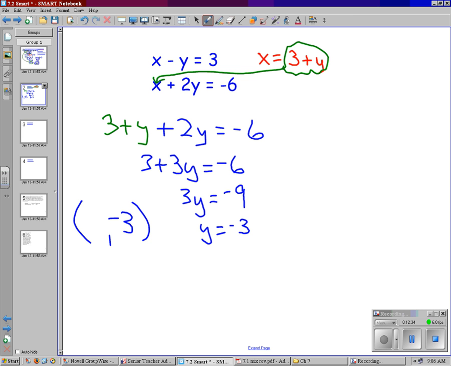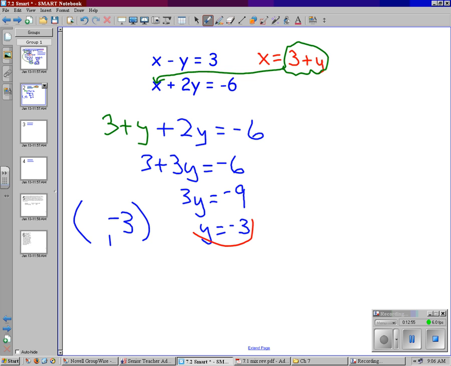What do we have to find? X. How do we go about finding the x? Do you remember now what we need to do along the way? Jack? We go to the other equation and substitute negative 3 in for y. You can do either equation, it's okay, but it has to go in for the y, as you said.